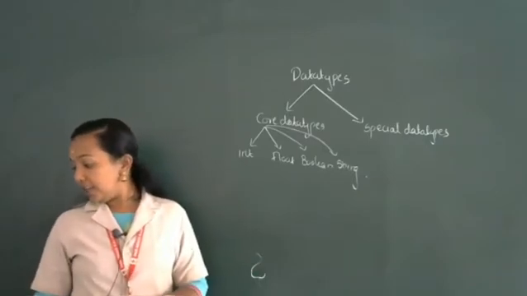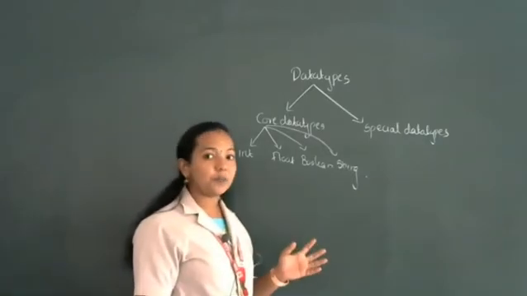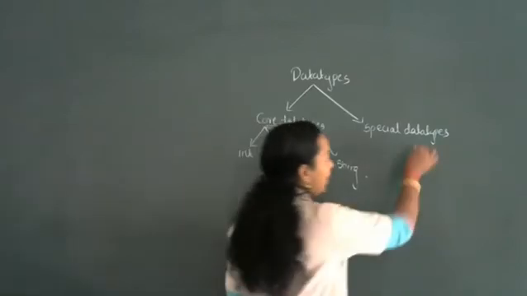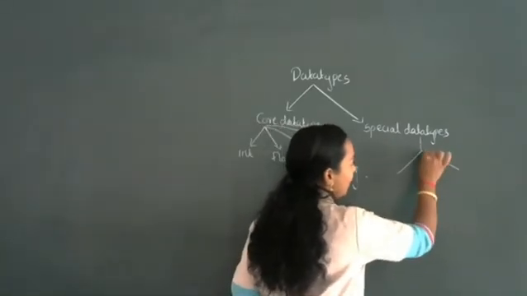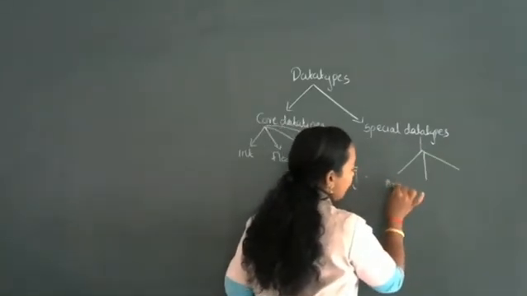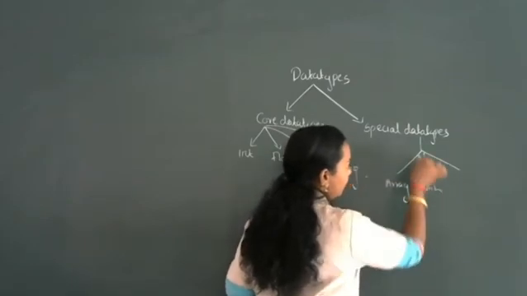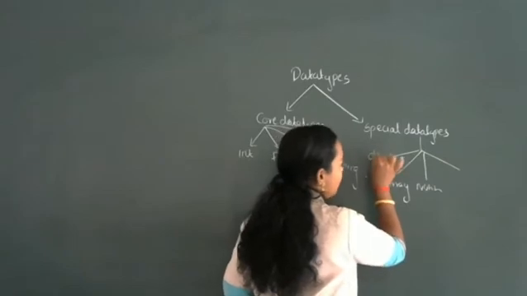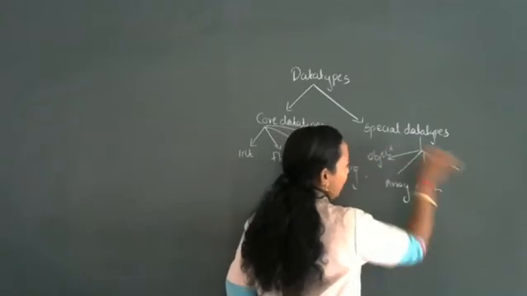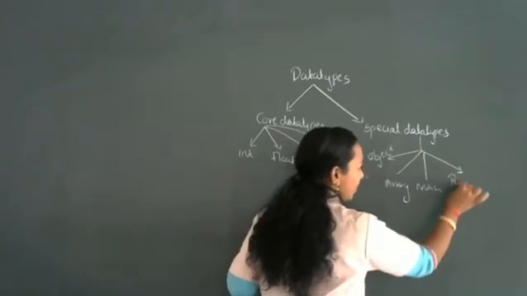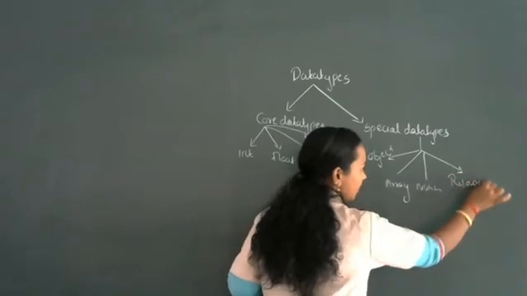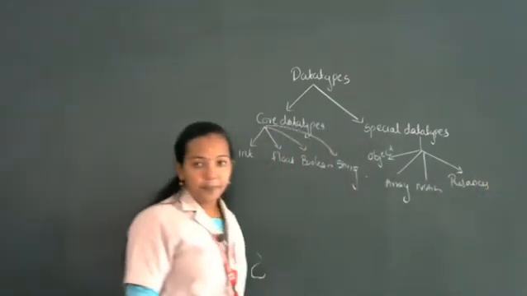Then special data types can be divided into different categories. First one is array, null, then object, and the last one is resources.